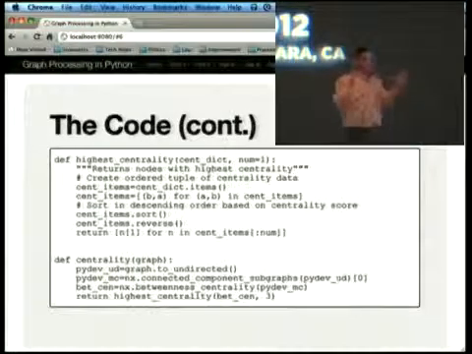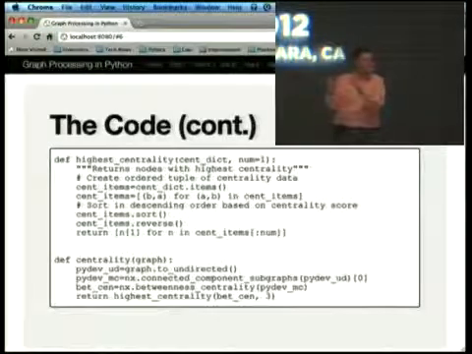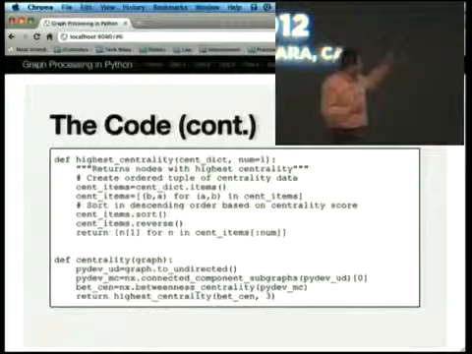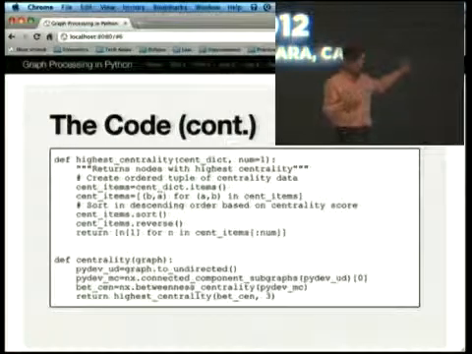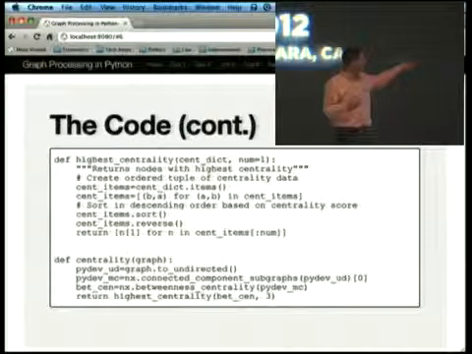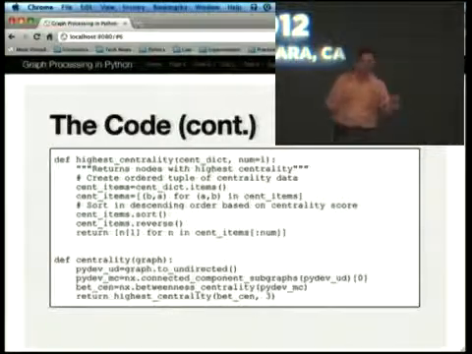Then I created a dict mapping the person to how central they were as a floating point score. I sorted that by the score, and I returned the ones that were the most central, with the highest score.